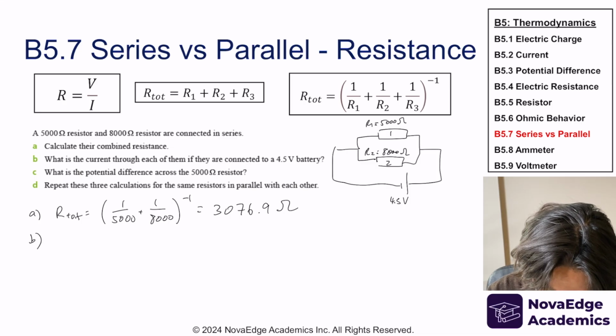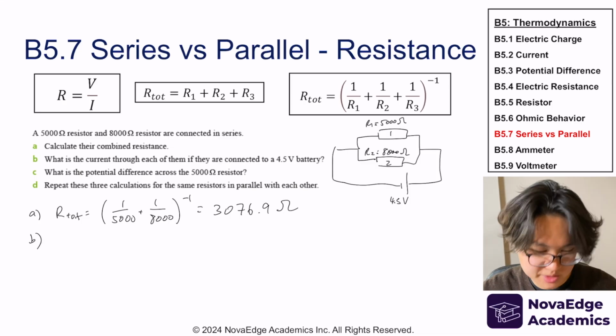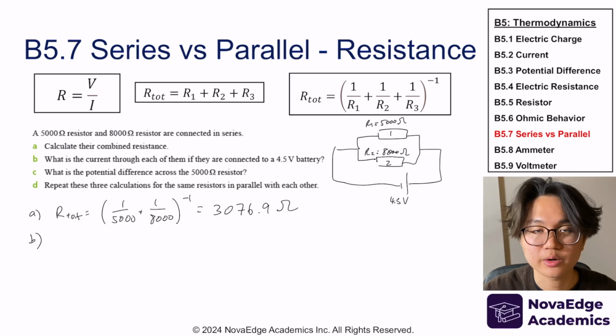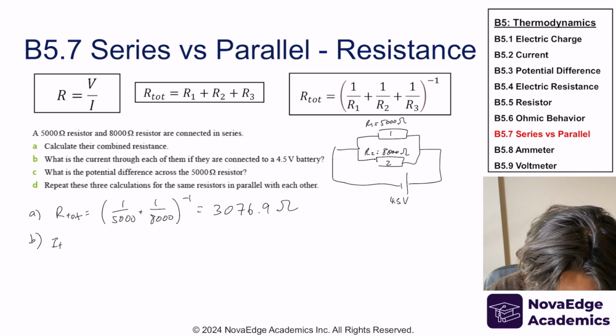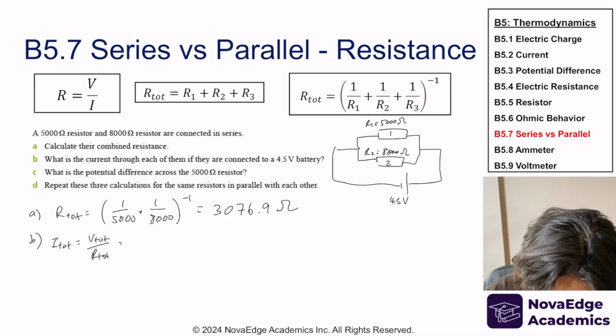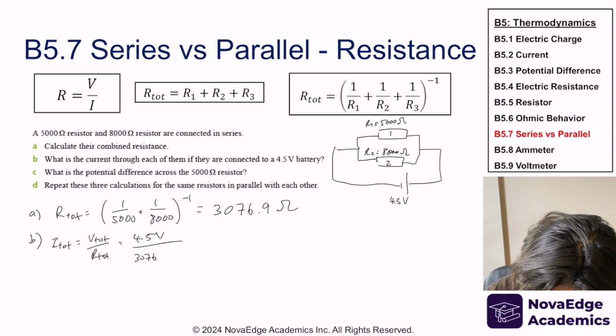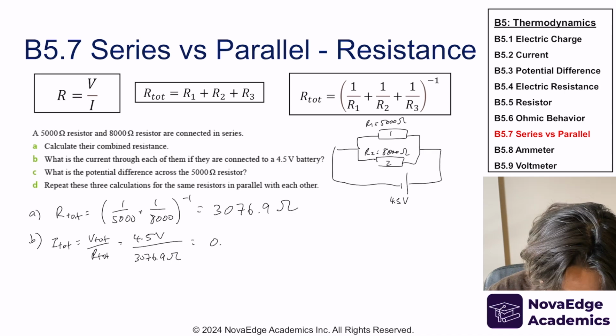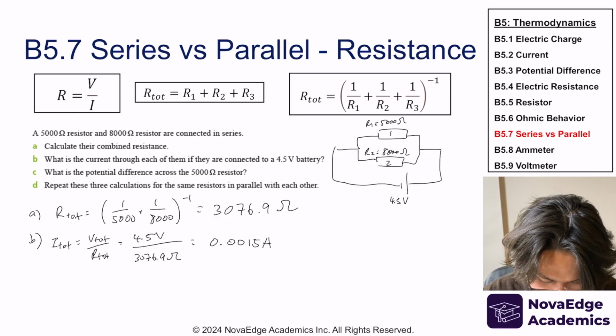Okay. Now, what's the reason why we always calculate R total? Is because I want to figure out I total. So let's figure out I total. 0.0015 amps. That's quite low actually, right?